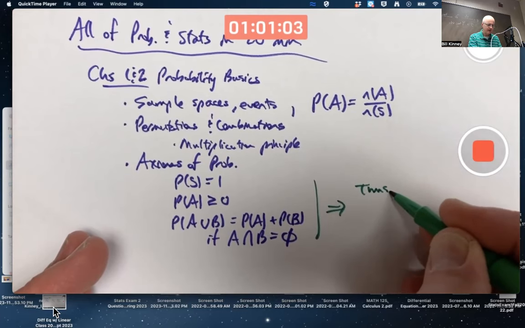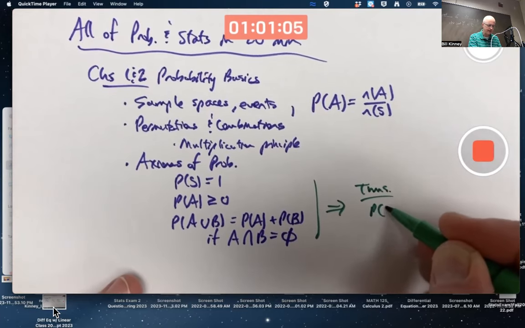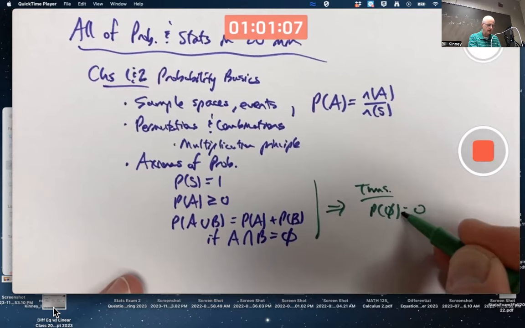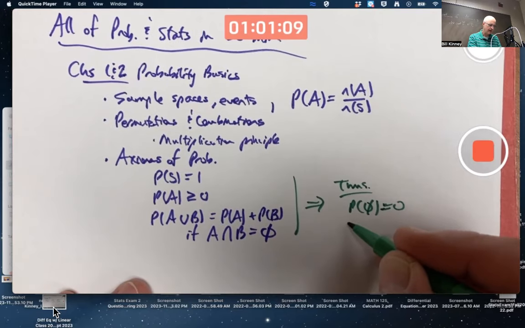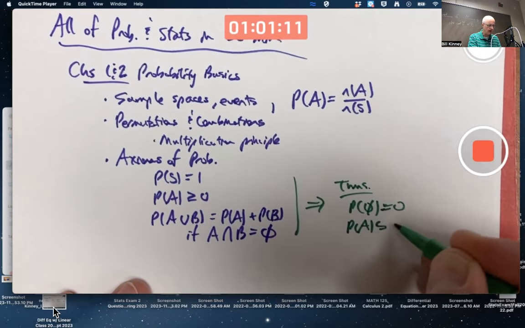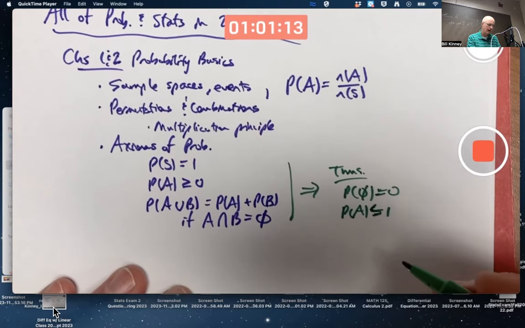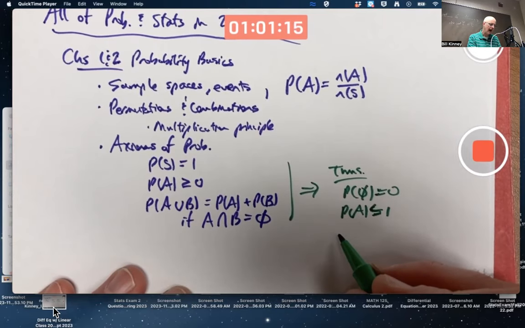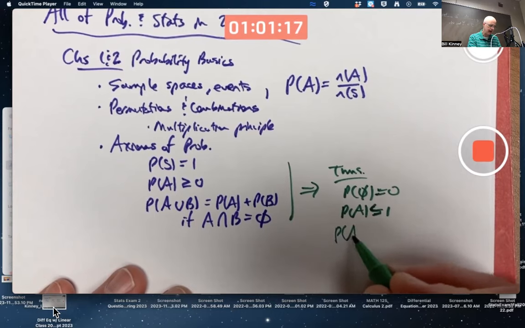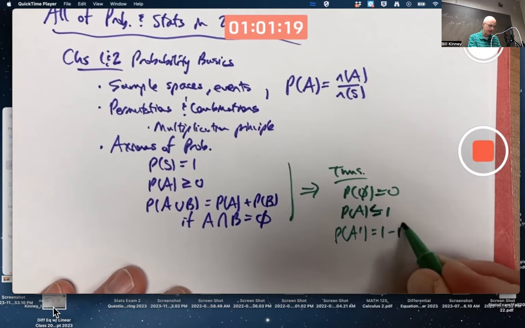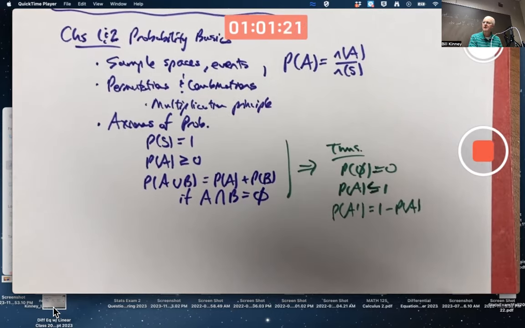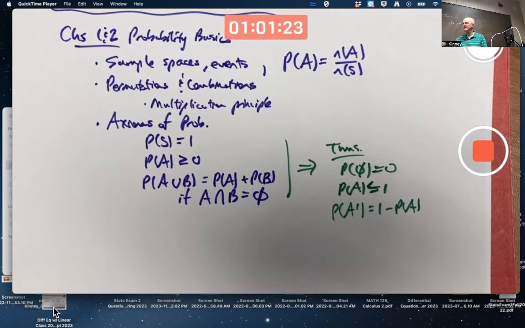Theorems included the fact that the probability of the empty set is 0. The probabilities are always less than or equal to 1. The complement rule: the probability of the complement of A is 1 minus the probability of A. Those kinds of things can be proved.